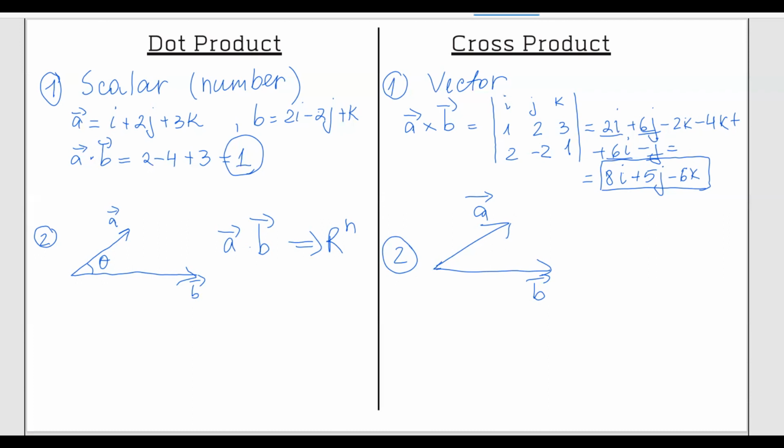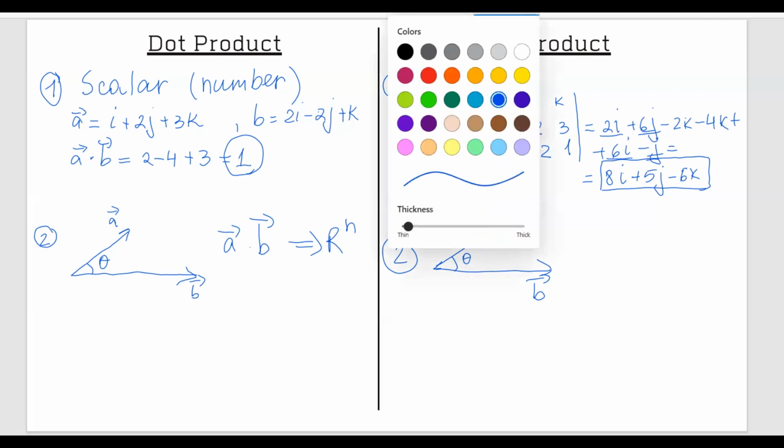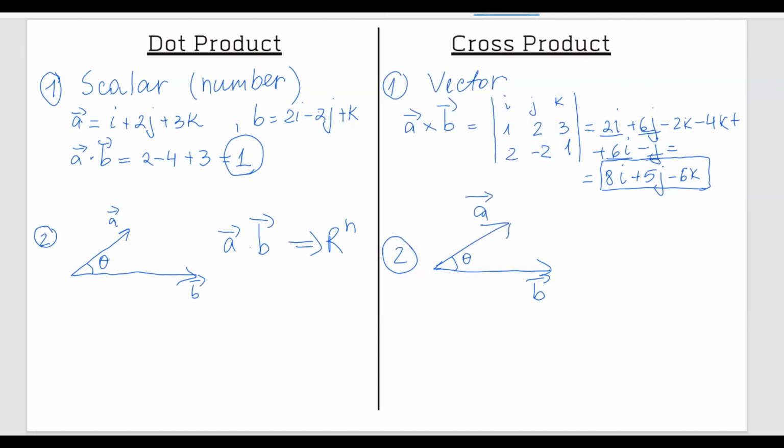So when we have the cross product of two vectors, we know that the result of a cross product is a vector that is perpendicular to both A and B. So the result is vector C perpendicular to both A and B. And if we were to draw this in 2D, imagine how in 2D, the only case I can think of when you would be able to draw this is when A and B are collinear.